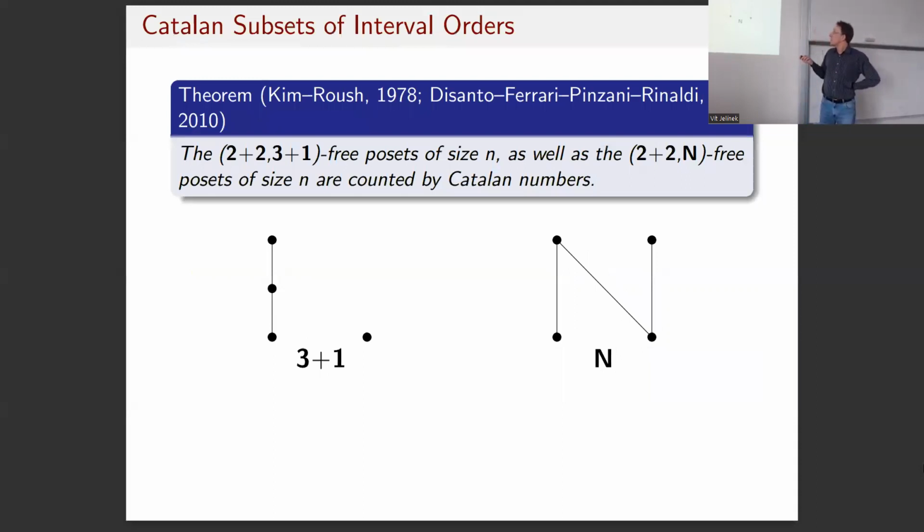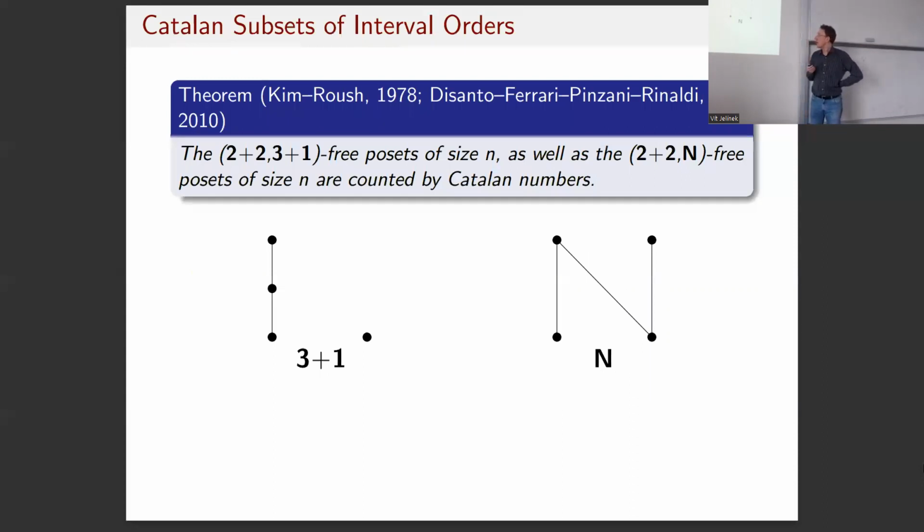Specifically, the interval orders that additionally avoid this poset 3 + 1 are counted by Catalan numbers, and the interval orders which additionally avoid this poset that I call N are also counted by Catalan numbers. So I can do what I can do with any Catalan enumerated family. I can pick the family and try to find some pair of statistics which will have this symmetry property.